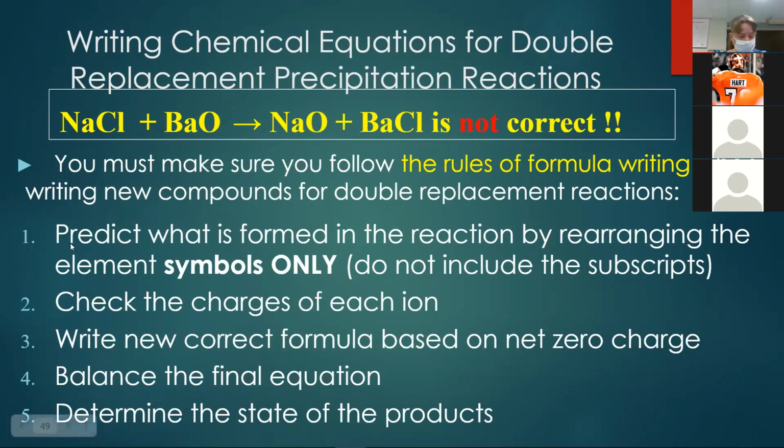Okay, so there's essentially 5 steps that we're going to follow when we write the products of a double replacement reaction. First of all, double replacement reactions are all compounds, meaning your reactants are going to be ionic compounds and your products are going to be ionic compounds.